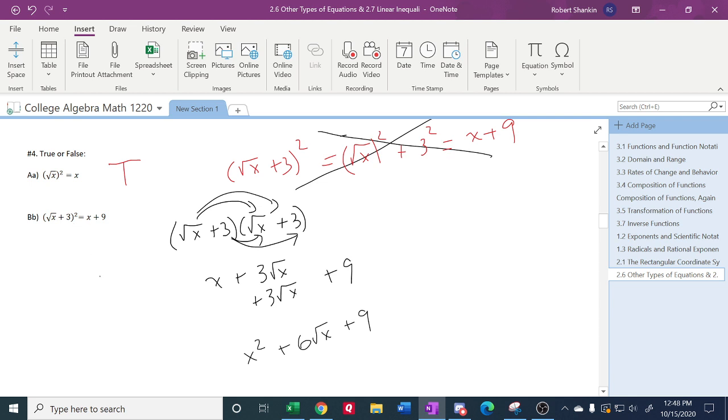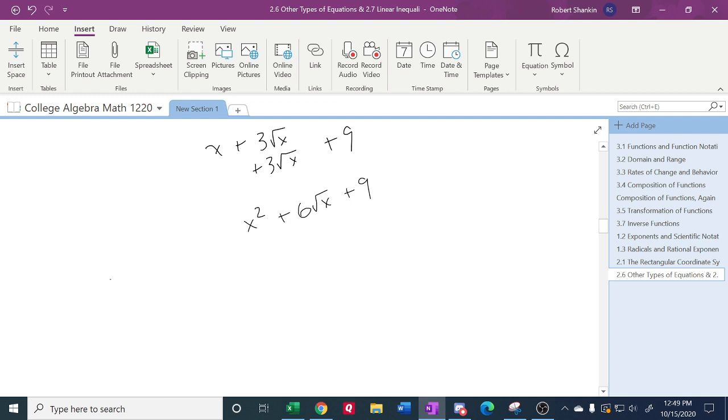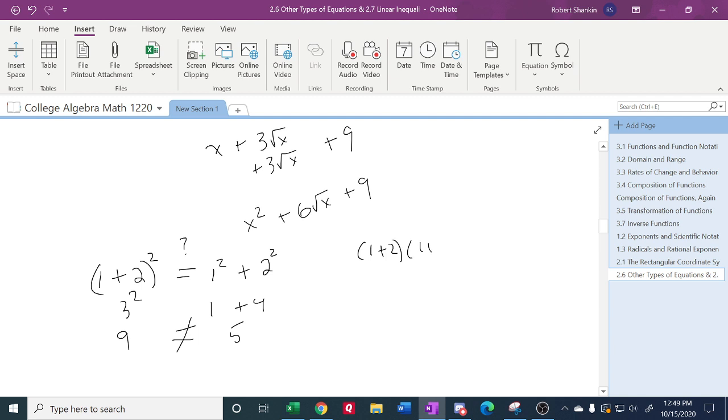And let me show you another way why this is false. If you take any two numbers, if you try to say that that's 1 squared plus 2 squared, this is 3 squared, that's 9. This is 1 plus 4, that's 5. These are not equal. But if you took 1 plus 2, 1 plus 2, and you FOILed them out, now we know the real answer is 9.